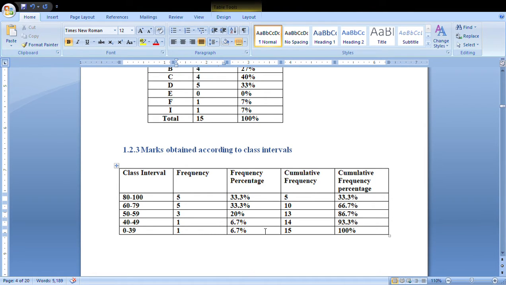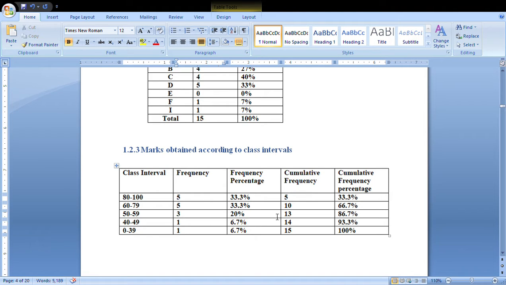This gives 33.33%. For example, where we have 3, we take 3 divided by 15, we get 0.2, times 100, we get 20%.